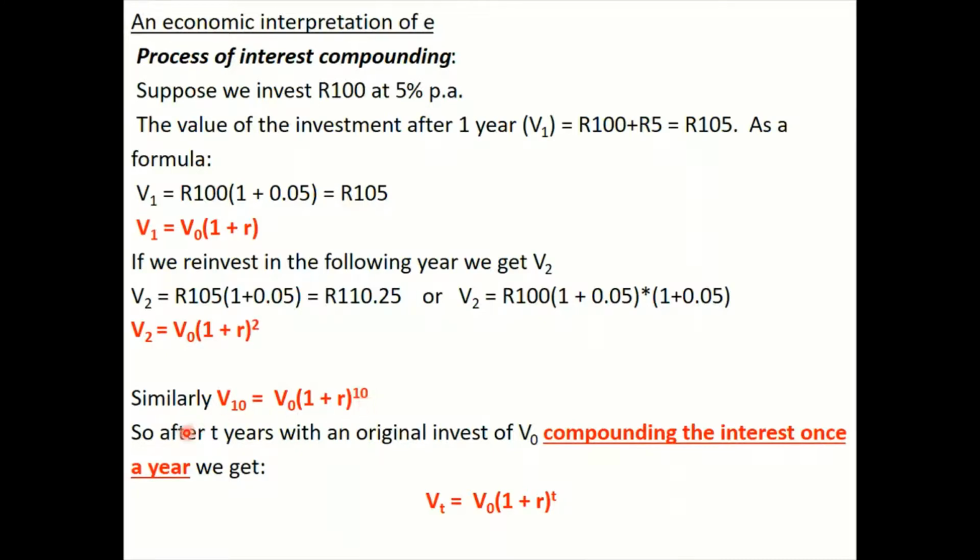And similarly, after T years, with an original investment of V0, compounding the interest once a year, we could work out the value of our investment after T years using this formula here.